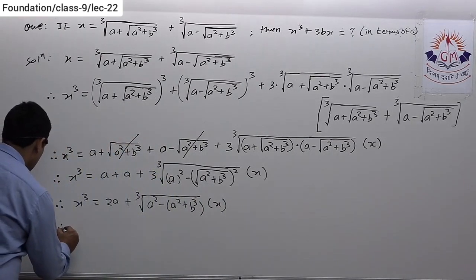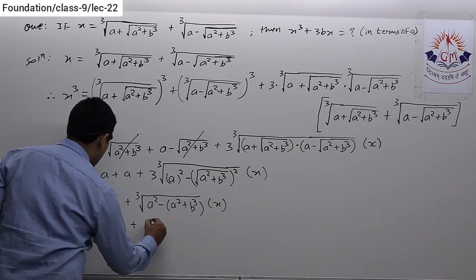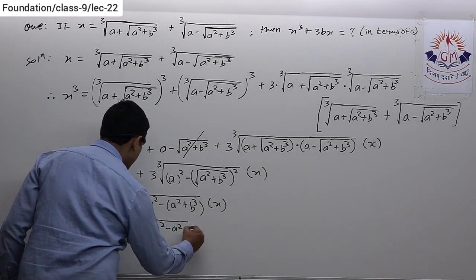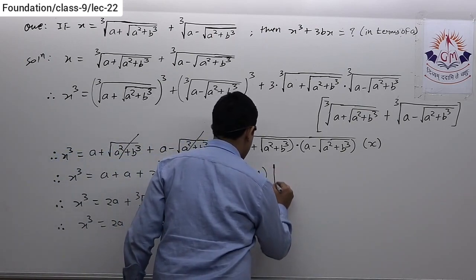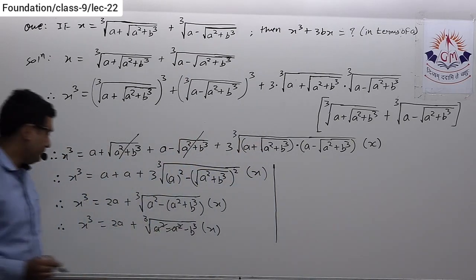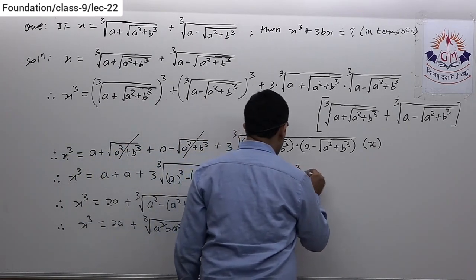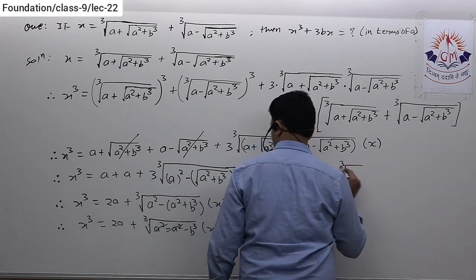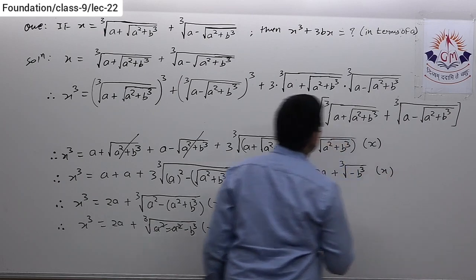Okay, so further simplifying, x cube is equal to 2a plus cube root of, now if you open the bracket, this is a square minus b cube multiplied by x. Okay, so this minus a square plus a square cancel out. So here I will get, therefore x cube is equal to 2a plus cube root of minus b cube multiplied by x.